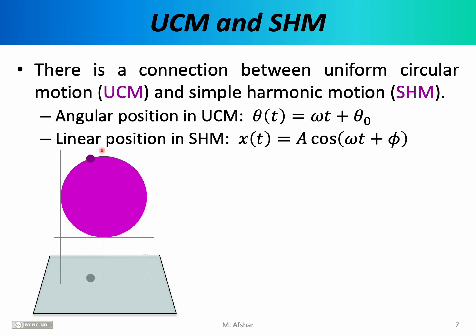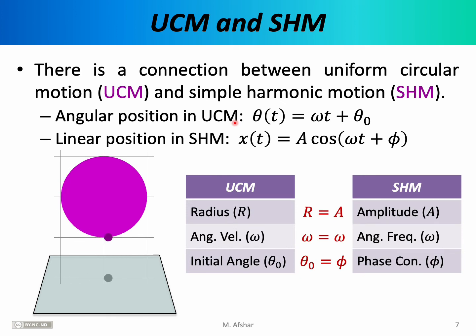Notice as the knob itself moves along a circular path, its shadow simply moves along a straight line back and forth. It turns out the motion of the shadow can be described by this cosine function here. We could say that the shadow is executing simple harmonic motion while the object itself is executing uniform circular motion.